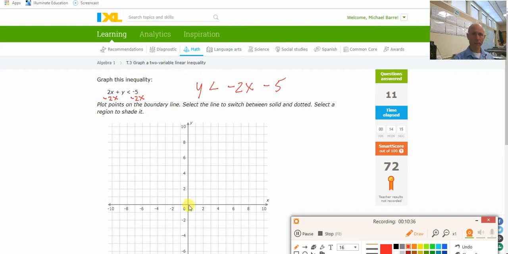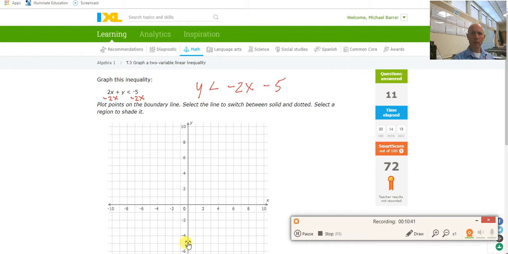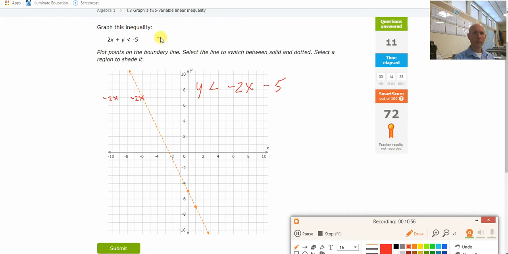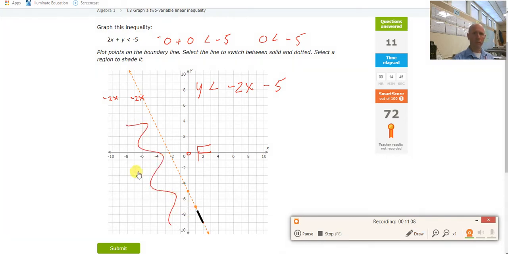So I'm starting at negative 5, going down 2 over 1, dashed line, and now I need to test 0, 0. 0 plus 0 is less than negative 5. That's false. That means this point is false, which means everything over here is true.